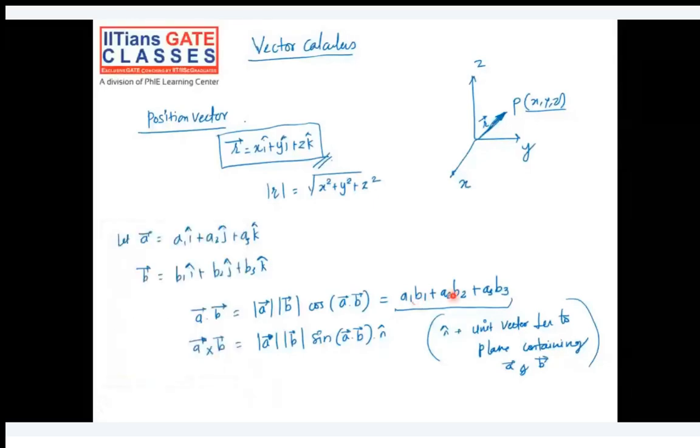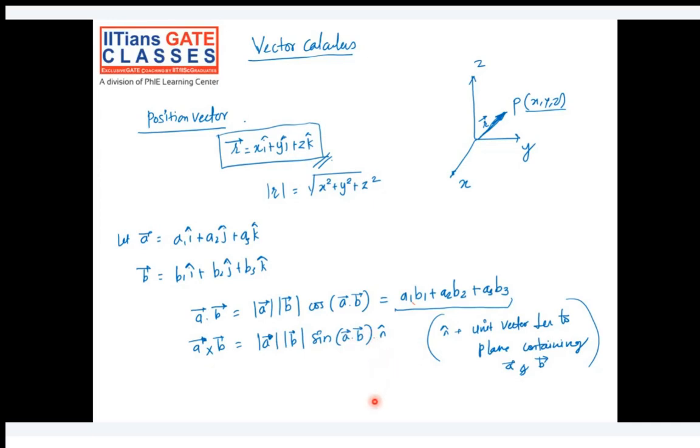Whereas the outcome of the cross product is a vector quantity, and that will be perpendicular to these two vectors a and b, and it's given by mod of a bar into mod of b bar times sine of the angle between a bar and b bar into n cap, where n cap is the vector perpendicular to the plane containing a bar and b bar.